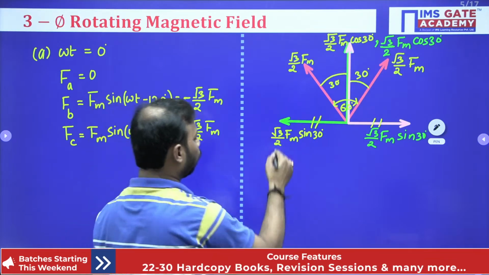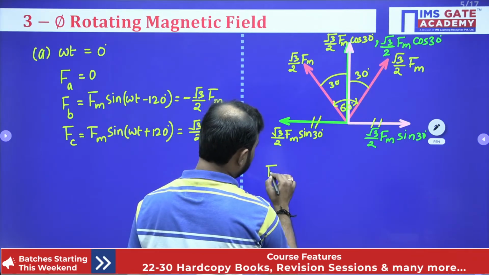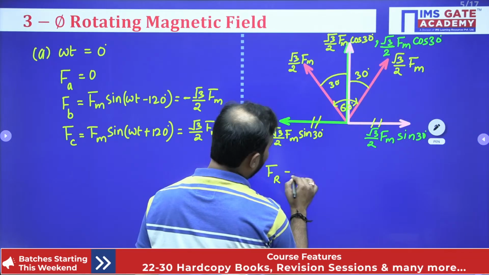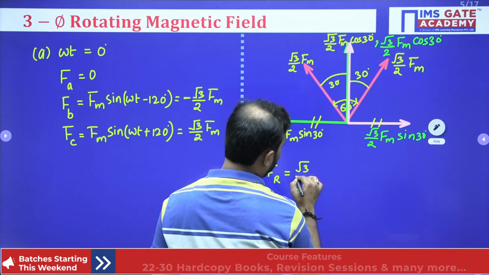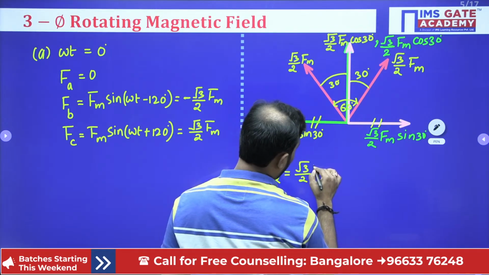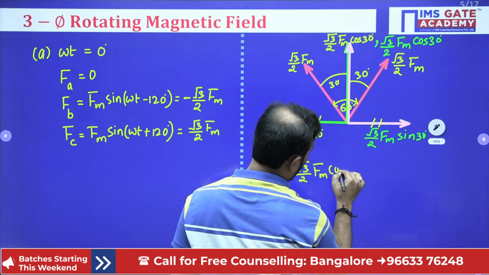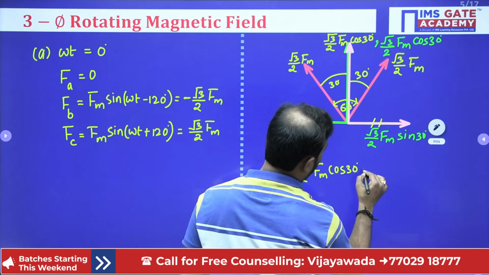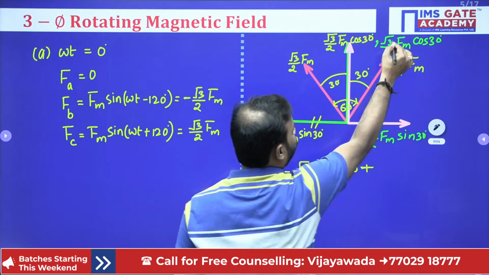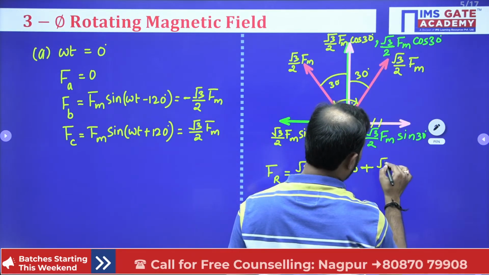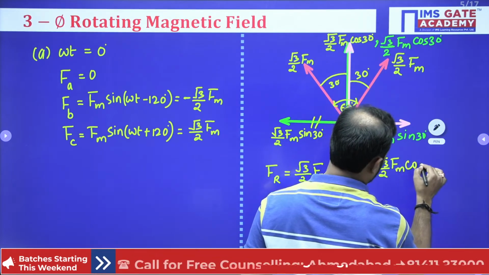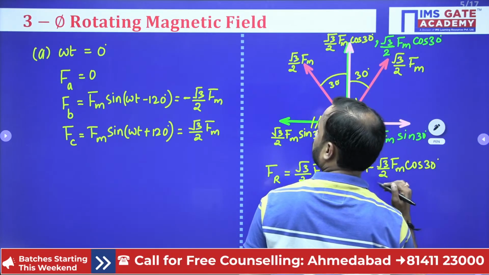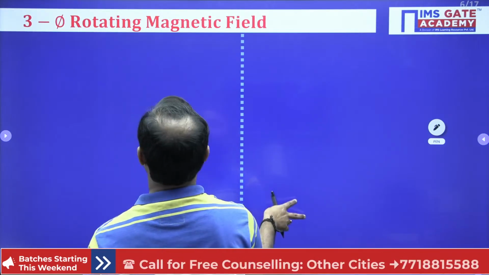So the overall resultant here, which is FR, is equal to the component in this direction, root 3 by 2 FM cos 30, plus again one more component, which is the green one, root 3 by 2 FM cos 30.